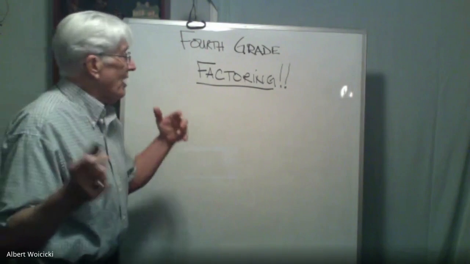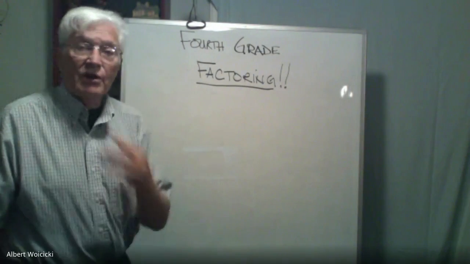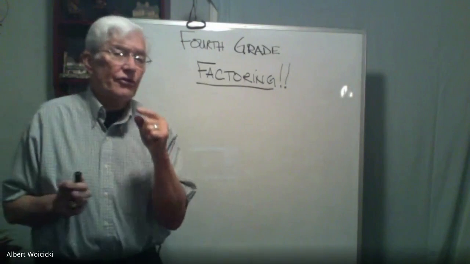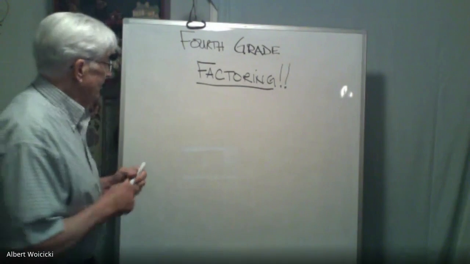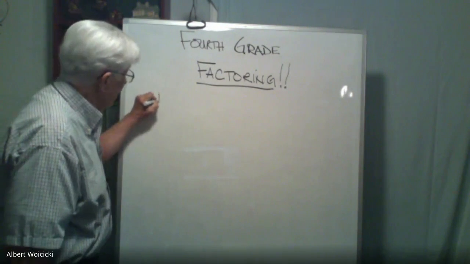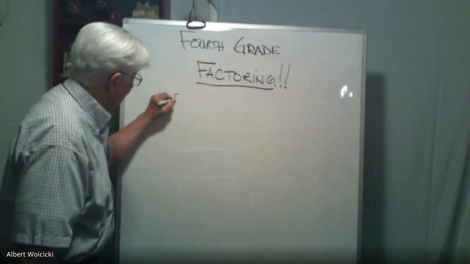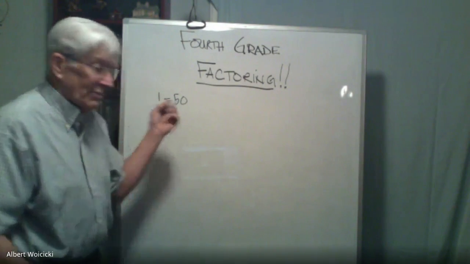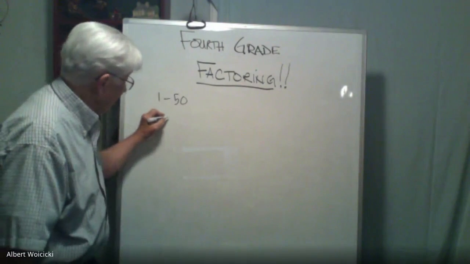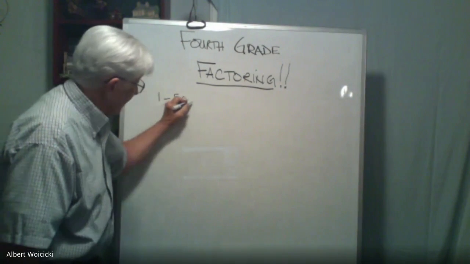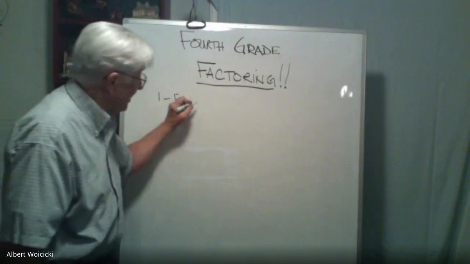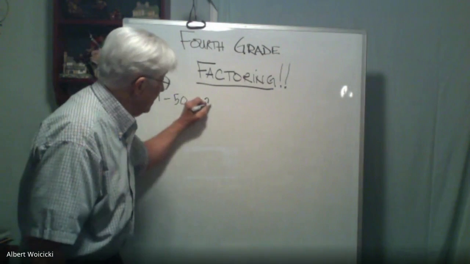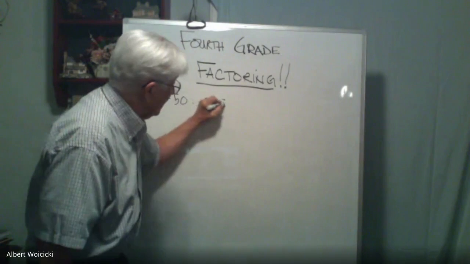So let's talk about factoring to start with. Now, we started this out in the third grade when we did the numbers 1 through 50 by factoring them. And we saw that 1 was just simply 1 times 1, but 50, we saw its factors to be 25 times 2, or 2 times 5 times 5.